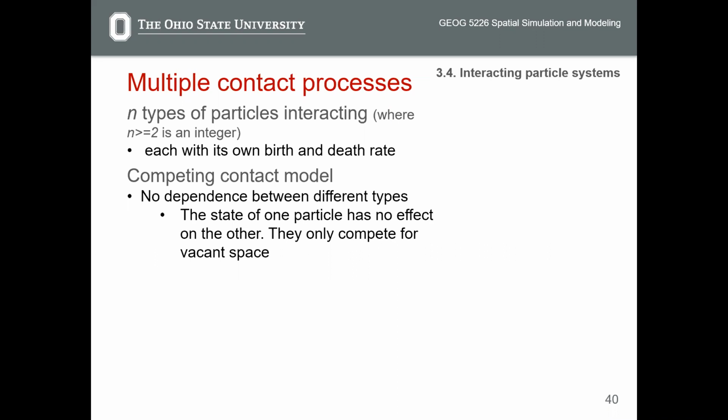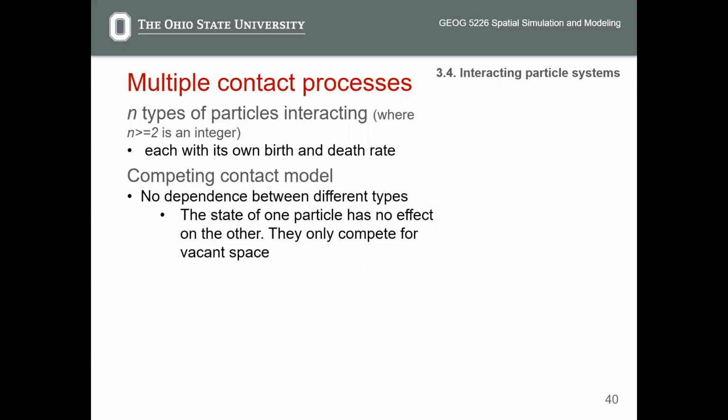So there should be n types of particles interacting, where n is equal to or larger than 2, and it should be an integer. So in basic contact process, we only have two states, 0 and 1. 0 represents vacant or vacancy. So there was only one particle, which is state 1, right?